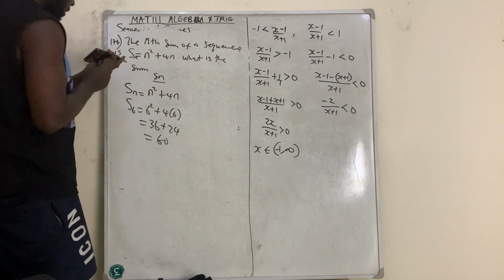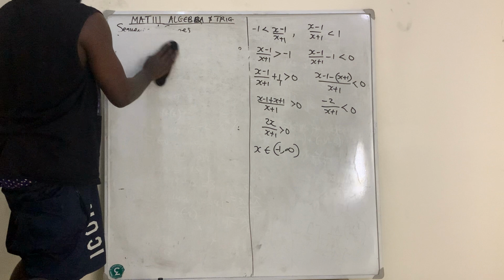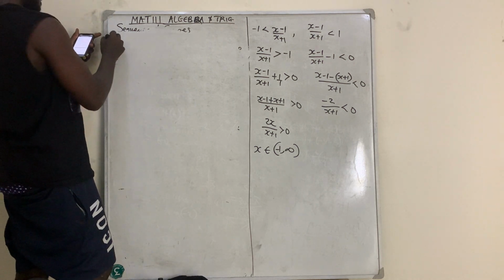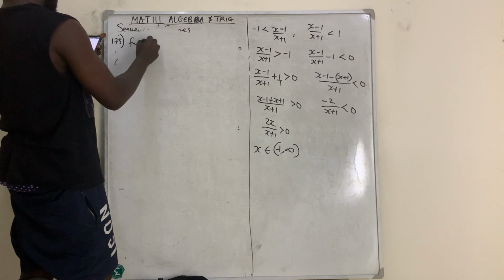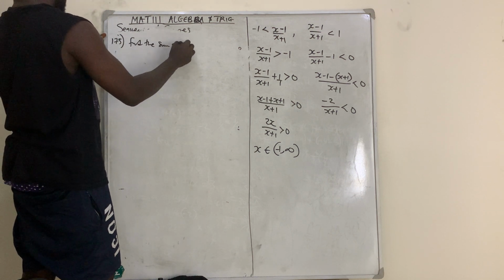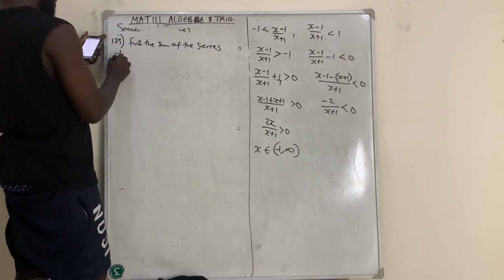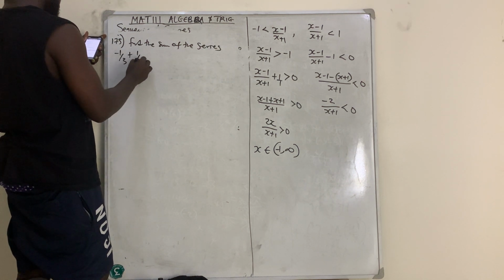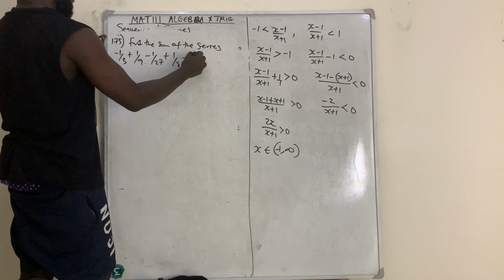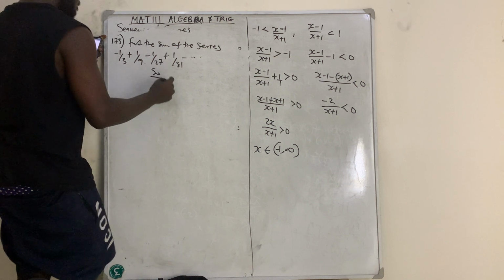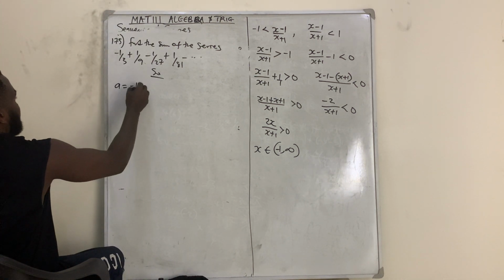We go to question number 175. Question number 175 said find the sum of the series minus 1 over 3 plus 1 over 9 minus 1 over 27 plus 1 over 81 minus dot dot dot. Solution. Very simple question. Your A, the first term, is minus 1 over 3.